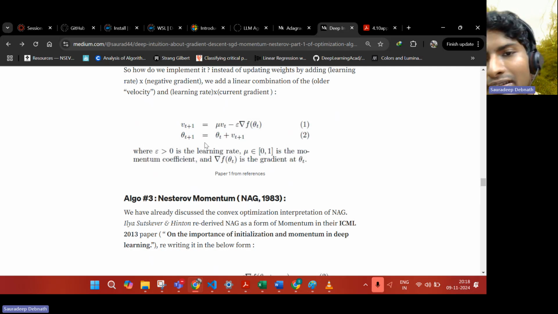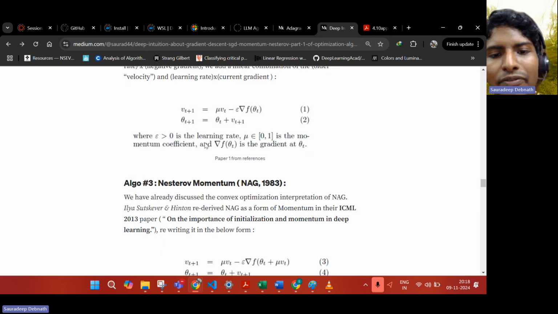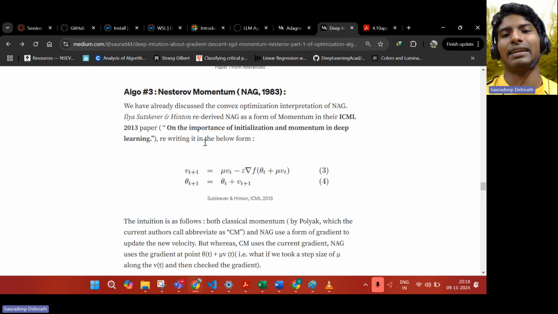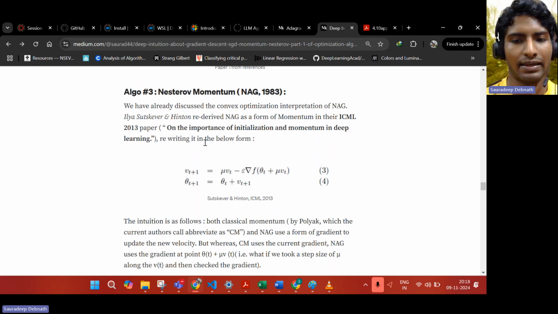Say the older one has 0.9 importance, the current one 0.1. We're doing a moving average of the gradients. But Nesterov can be reinterpreted as this: whatever my old direction was, I hypothetically take a step there and then check the slope, and that slope I add to my moving average.